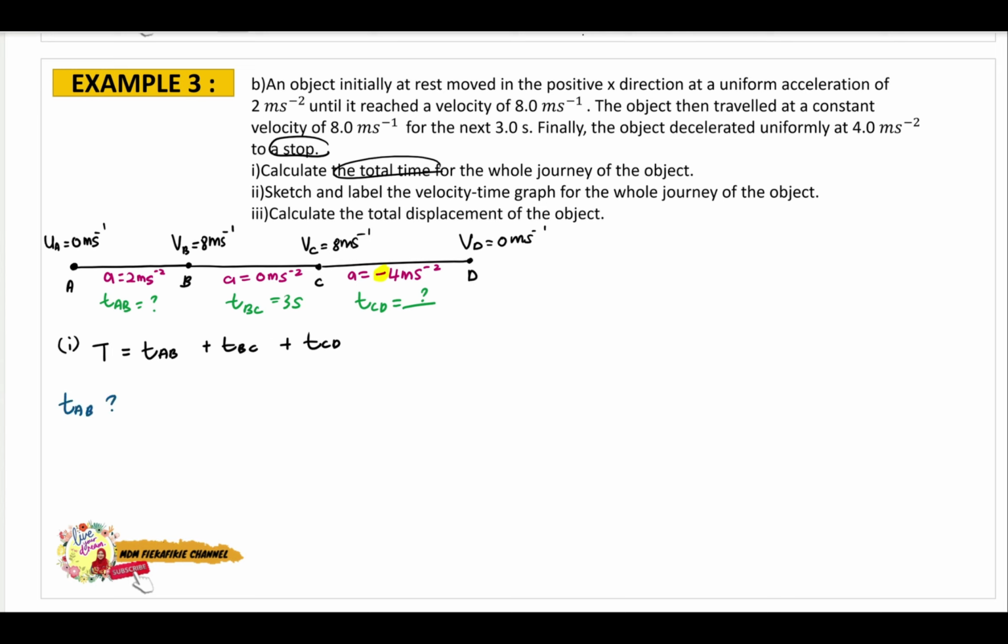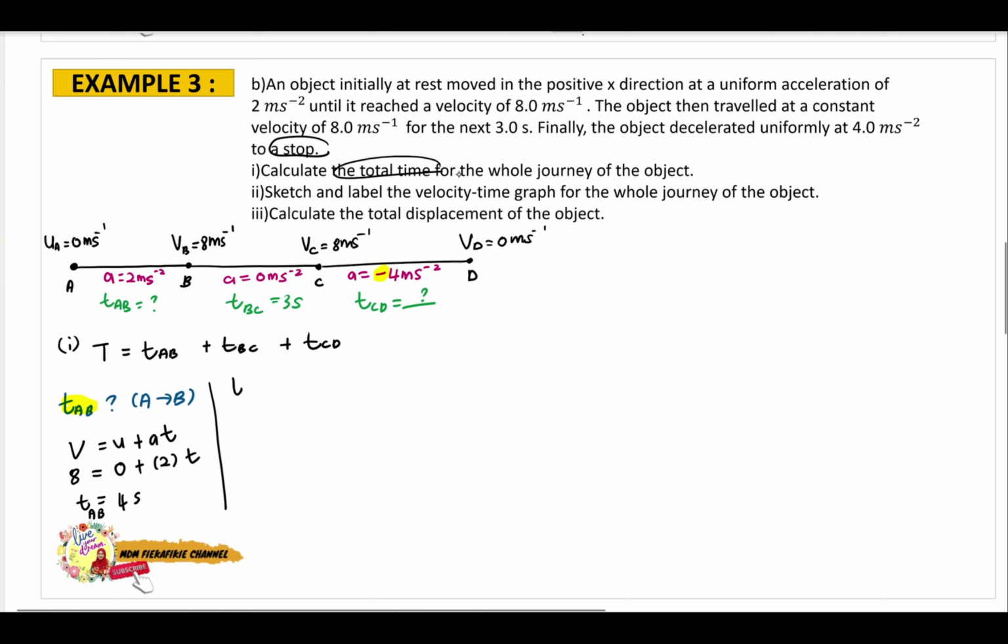So we can use the equation from A to B, using the information from A to B. We have VB, V is equal to U plus AT. So VB is equal to 8, U is equal to 0, acceleration is given as 2. This time we can find T, where T is equal to 4 seconds. This one is TAB.